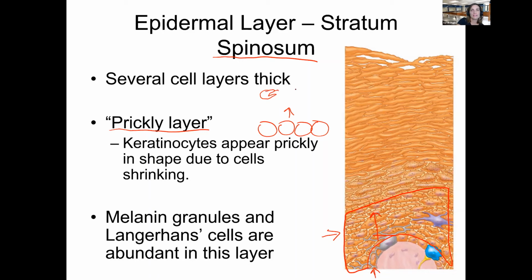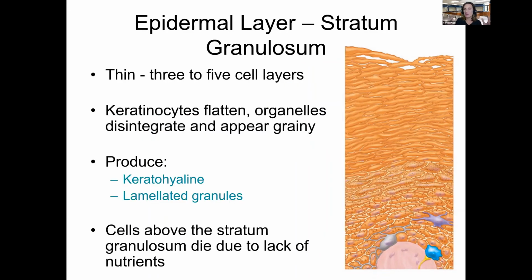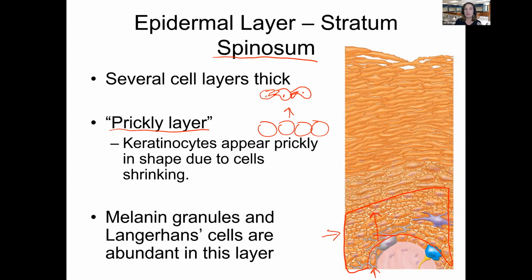And so because they're still connected to each other, they end up looking a little more spiny at those connection points. Okay, so that's why we call this sometimes the prickly layer. We do find all those keratinocytes that are in the stratum spinosum. Remember, they've all taken up the melanosomes. They've taken up those vesicles, so they're nice and protected from UV rays. You also have Langerhans cells in this layer.